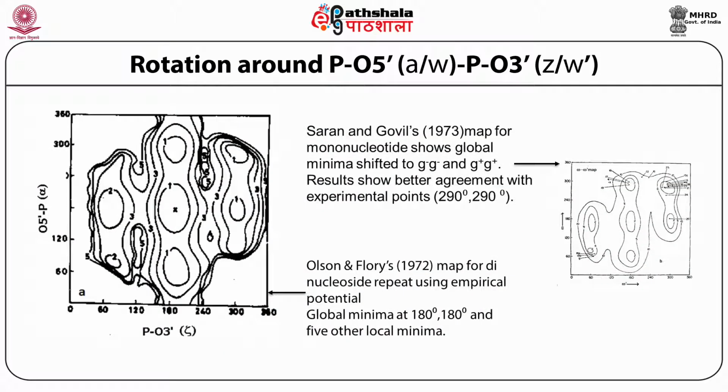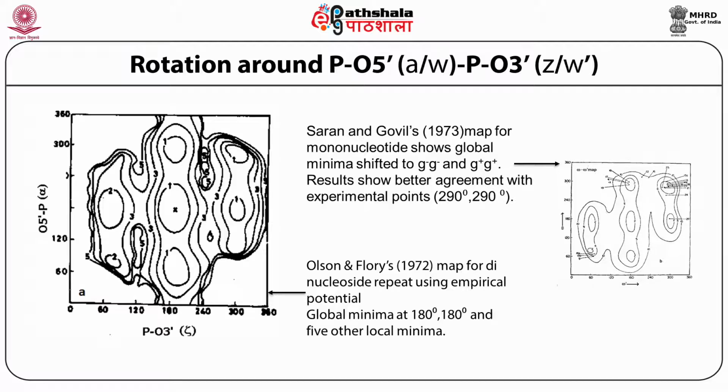We show in this slide the conformation energy map for rotations around P-O5' and P-O3'. Again, in the older nomenclature people called these angles omega and omega prime, whereas in the current nomenclature we use alpha and zeta.